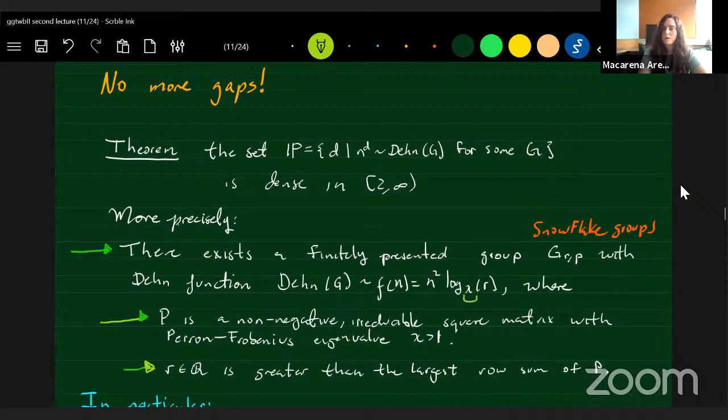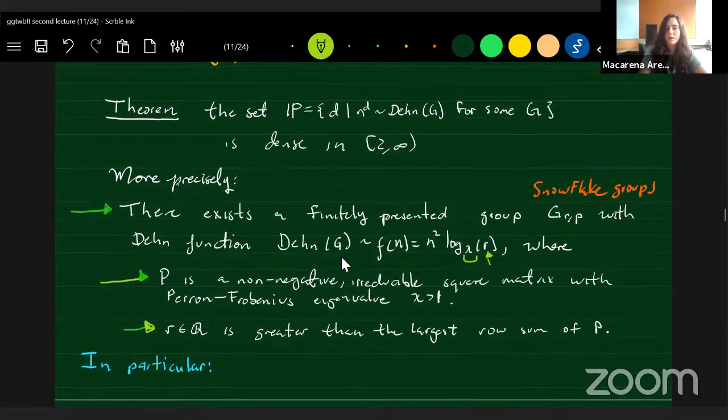So that's the r right here. This statement might look a little obscure, but in particular it implies that the intersection of Q with the interval [2, infinity) is contained in the isoperimetric spectrum.